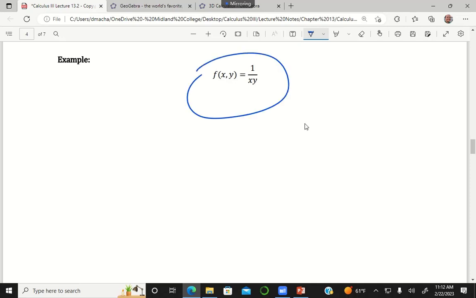Whenever I look at this, I've got stuff going on in my denominator, and I know I can't divide by 0, right? So if I ask you a question that looks like, what's the limit as x, y approaches 0, 0?